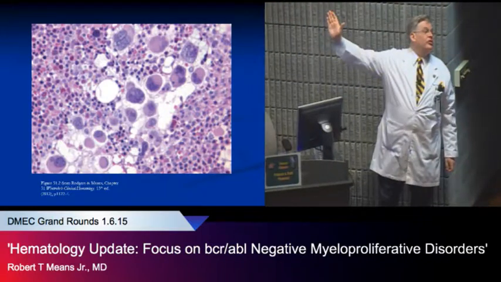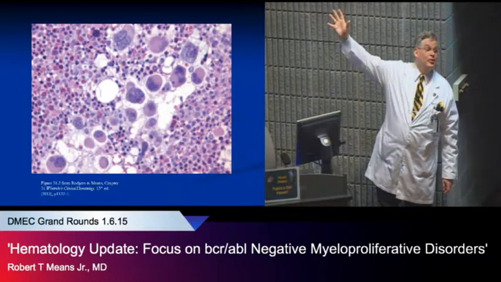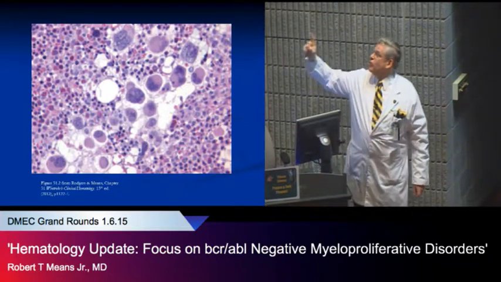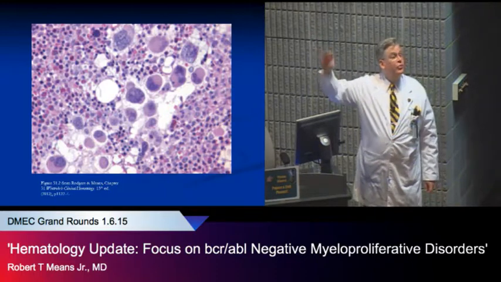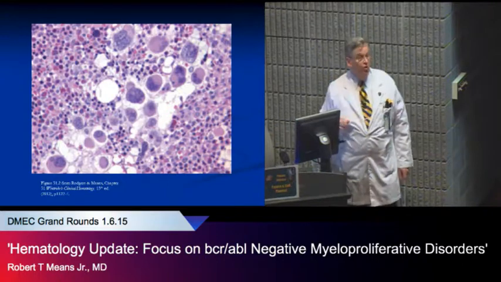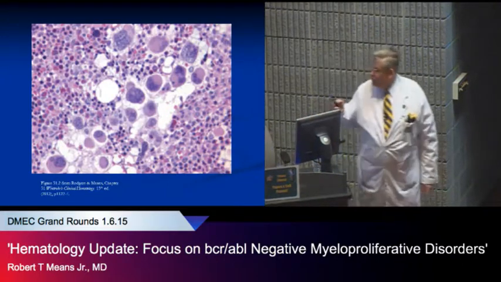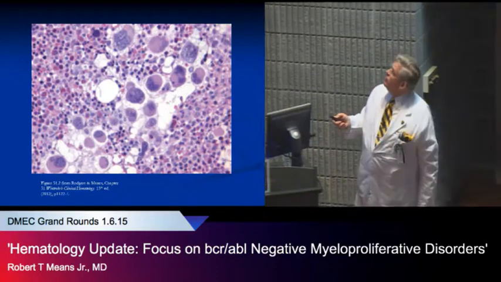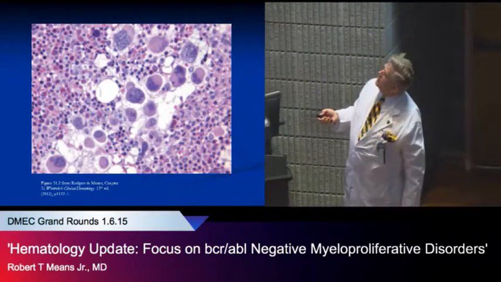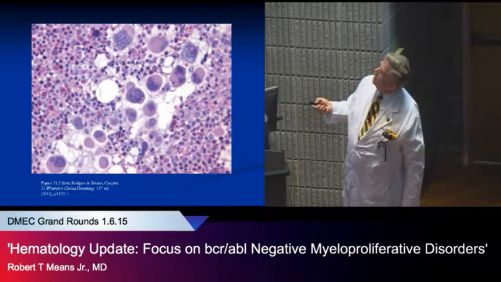In the background, you see normal-looking, take my word for it, they're normal-looking. All the other cells are normal. What's not normal? There's more of them than there should be. Typically, a bone marrow in an adult is about 40% fat, and this bone marrow has very little fat. That's probably a little fat right there.